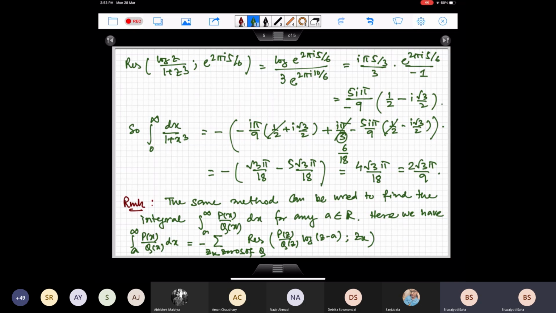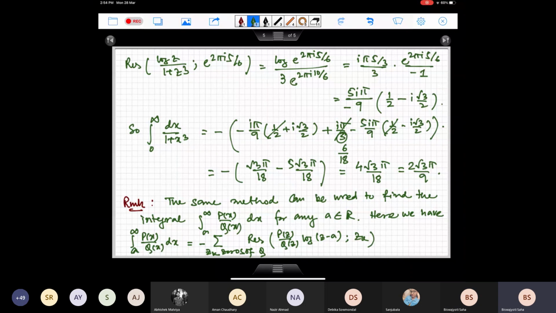So it just gets shifted to this point at a, and initially we were having log z, which gave this change in argument once we went around 0. But now that the center is at A, you have to go around A. So if you have to go around A and you want to have an effect of change in argument, then what we essentially need is to take this log of z minus A, so that it's like z minus A is going around 0, right?